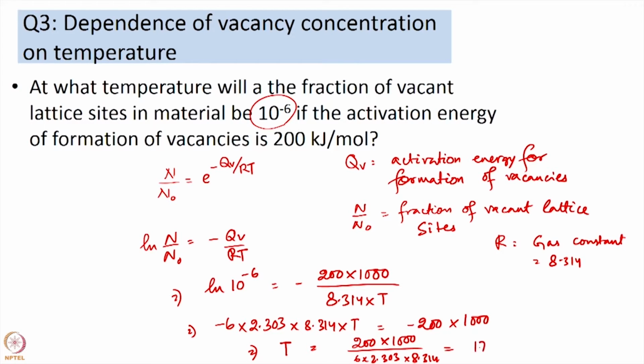That will turn out to be 1740 Kelvin, and so the temperature in degree centigrade will be 1467.9 degree centigrade. So, if you hold your material at that temperature for a significantly good period of time, then you will be able to achieve a vacancy concentration of 10 to the power minus 6 in your material.